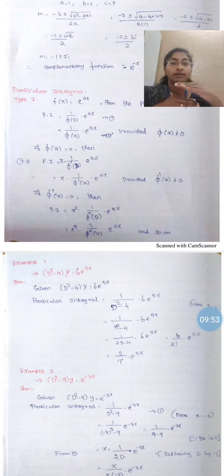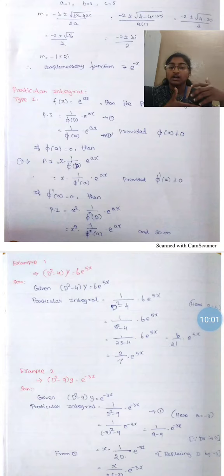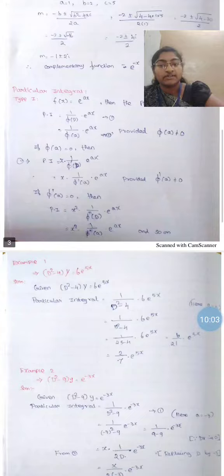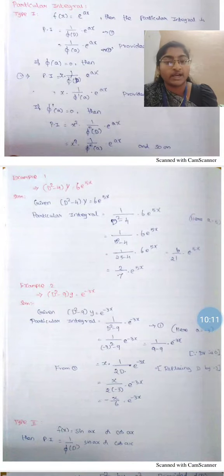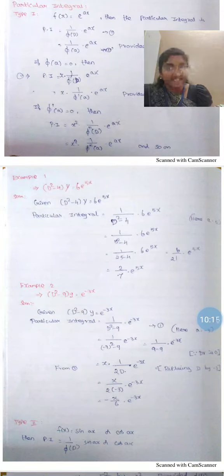Because for phi of a not equal to 0, we will see how our equation will be, and if suppose phi of a is equal to 0, then how our equation will be. See in our example 1, there is a question: D square minus 4 into y equal 6 e power 5x. So in our solution, take the given equation as it is.